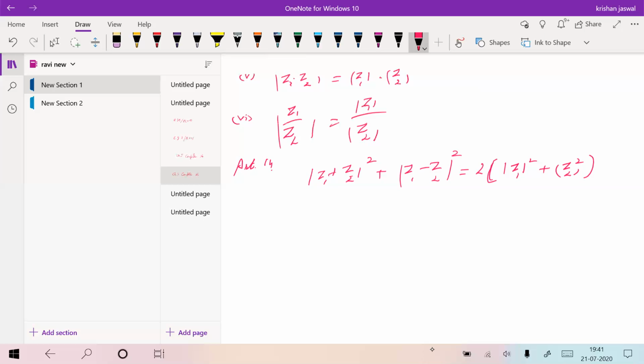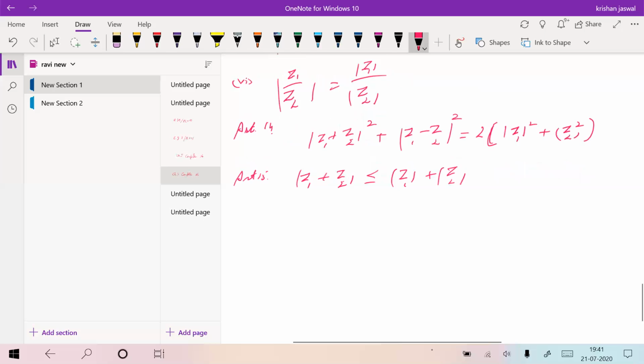Now article number 15. If Z1 and Z2 are two complex numbers, prove that the modulus of Z1 plus Z2 is always less than or equal to the modulus of Z1 plus the modulus of Z2.